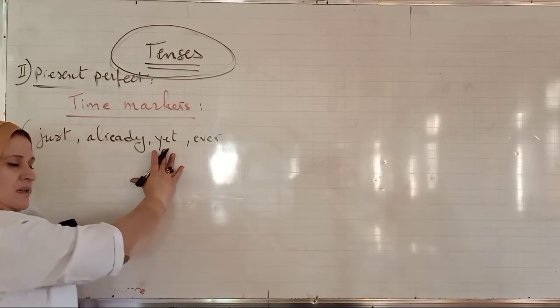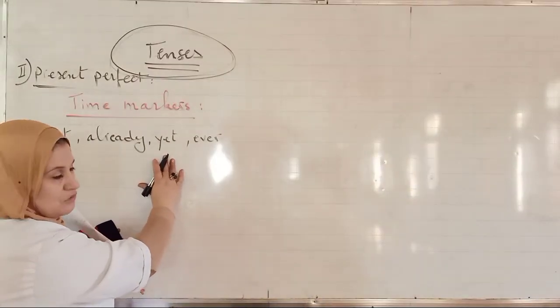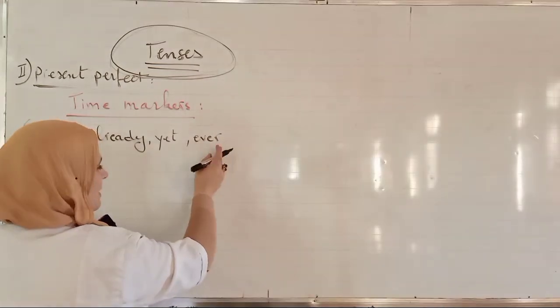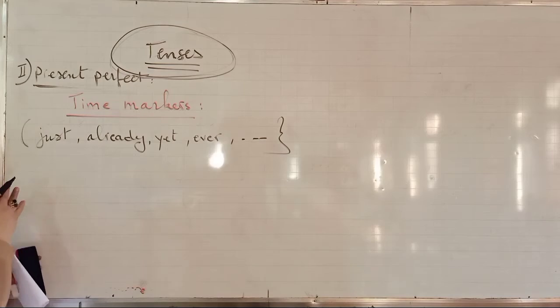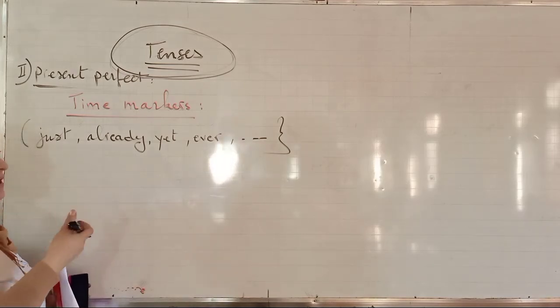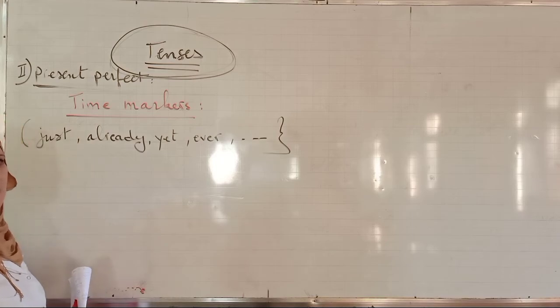Well, concerning yet, we use it in the question and in the answer, of course. Okay? If you find these words in the sentence, you have to use, of course, the present perfect tense.